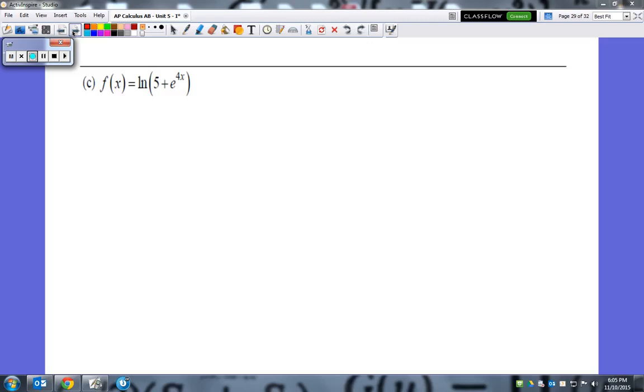Alright, here we go. Now we're going to combine them both. F prime of x is equal to, so 1 over the stuff, big picture wise it's the natural log differentiation rule first, so 1 over the stuff times the derivative of the inside.